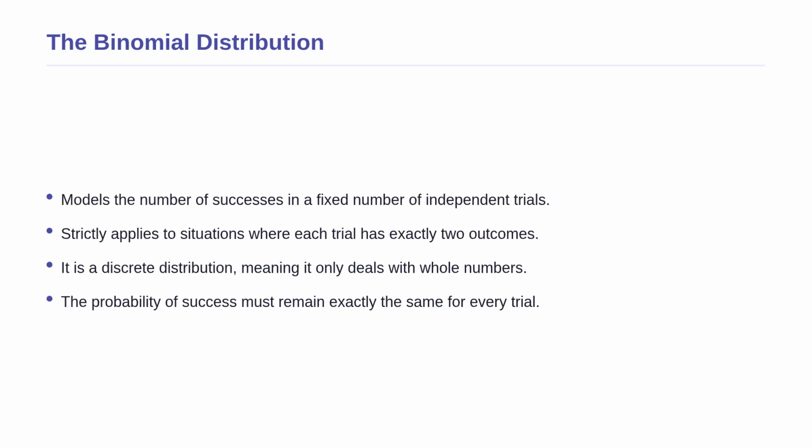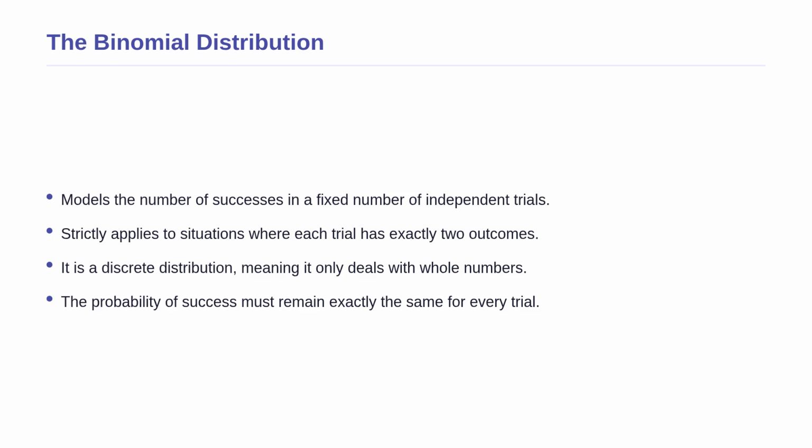Now that we know what these maps do, let us look at our first one, the binomial distribution. The prefix bi means two, reminding us that this distribution is strictly for situations where every single trial has exactly two possible outcomes, like success or failure. It is a discrete distribution, meaning we deal with whole numbers.